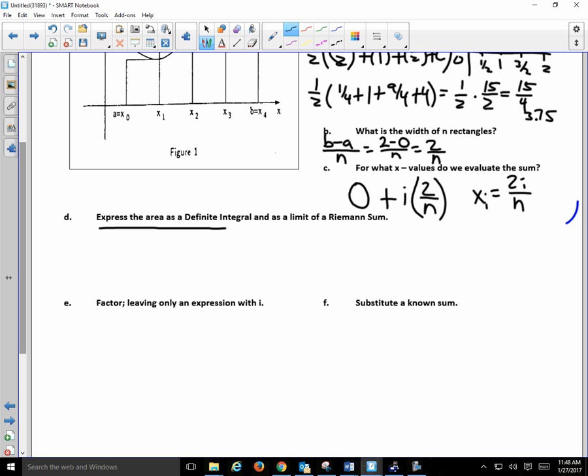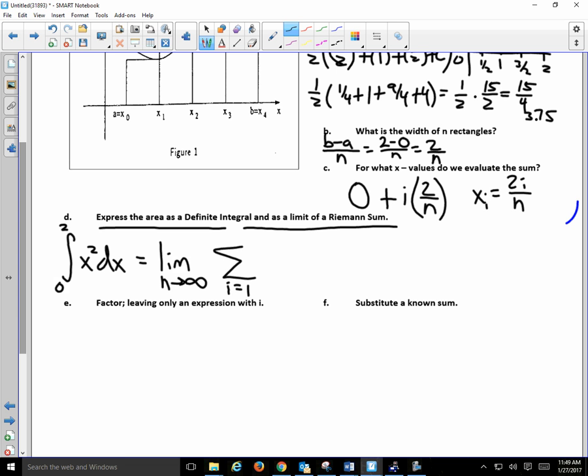Express the area as a definite integral and as the limit of a Riemann sum. So therefore, the integral from 0 to 2 of x squared dx, that means the exact area bounded underneath x squared between 0 and 2, the exact area, not approximation, we can calculate by taking the limit as n goes to infinity of the sum from I equals 1.